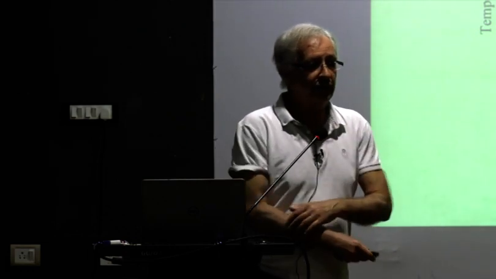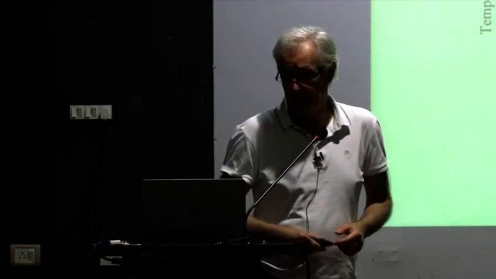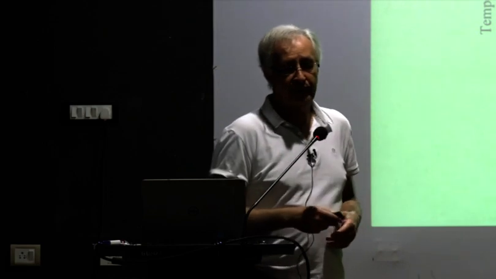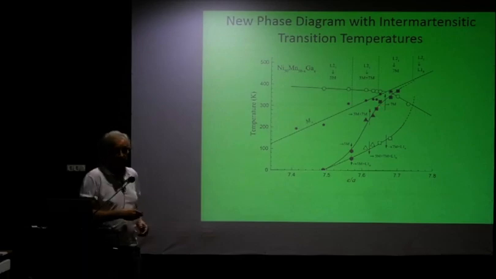Theoreticians have calculated ground states of these things. They always find that the L10 state is a state of lowest energy with respect to the binding energy of these other states.